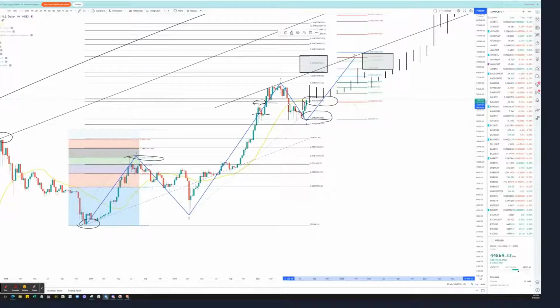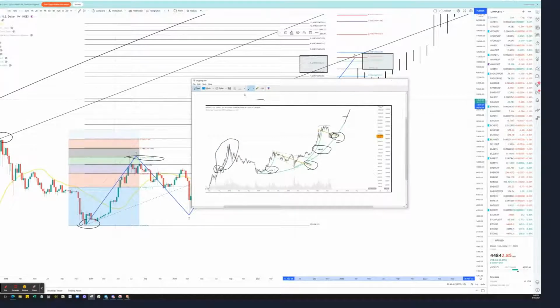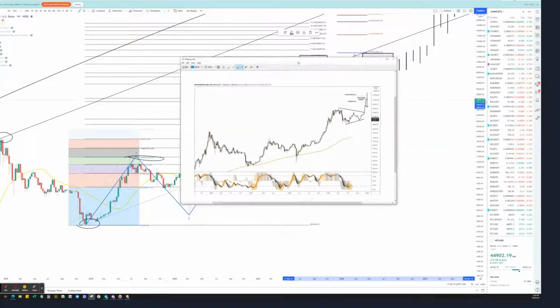Looks like I can't find it. Okay. Oh, here we go. So this is one of the mentors I follow. He also says this. So that's his theory as well.